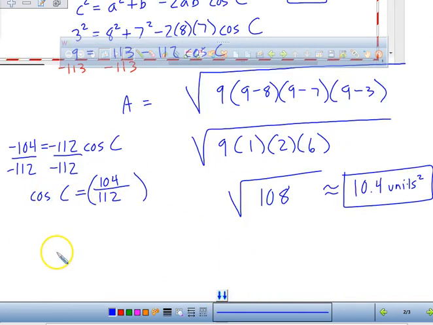But in order to find C, this is something you need to understand. You have to apply what's called the inverse of cosine to both sides.